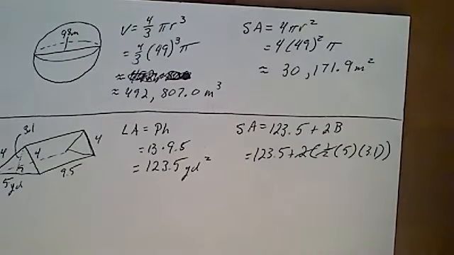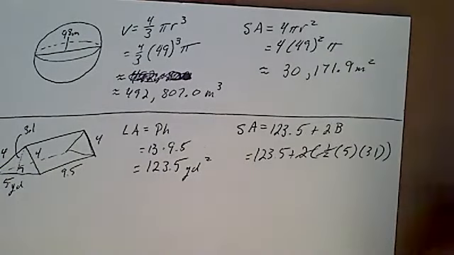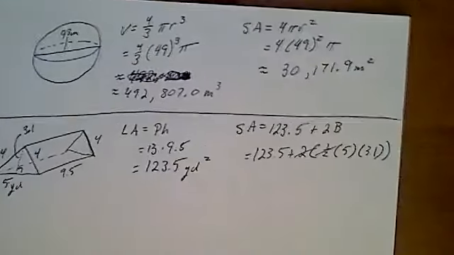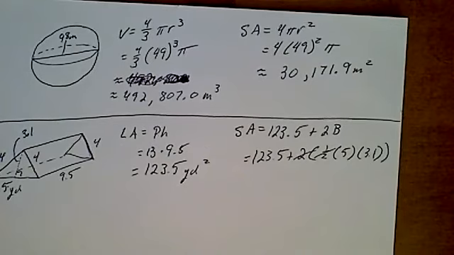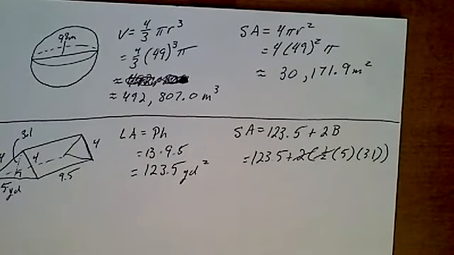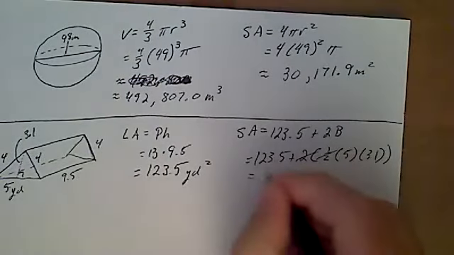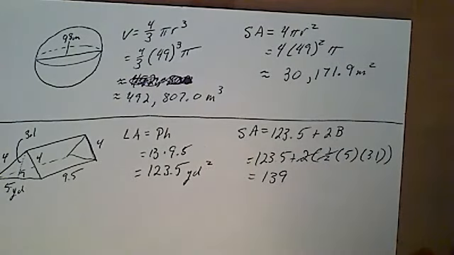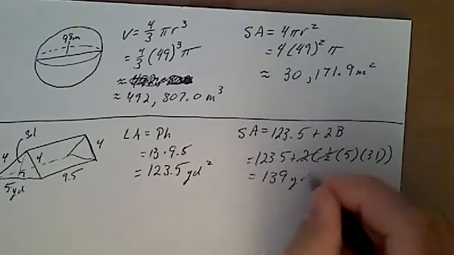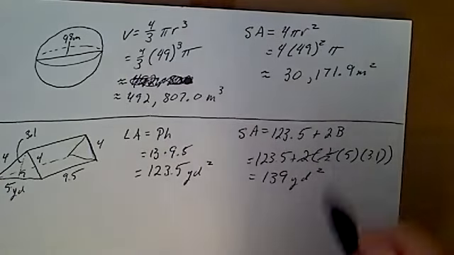The 2 and the 1/2, 2 times 1/2 is 1, so we get 123.5 plus 5 times 3.1, and we get 139. Again, that would also be yards squared because that is an area.